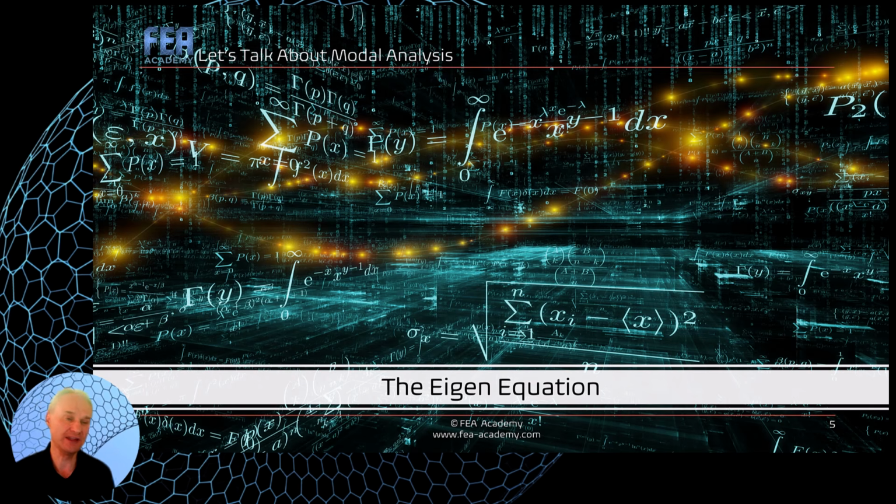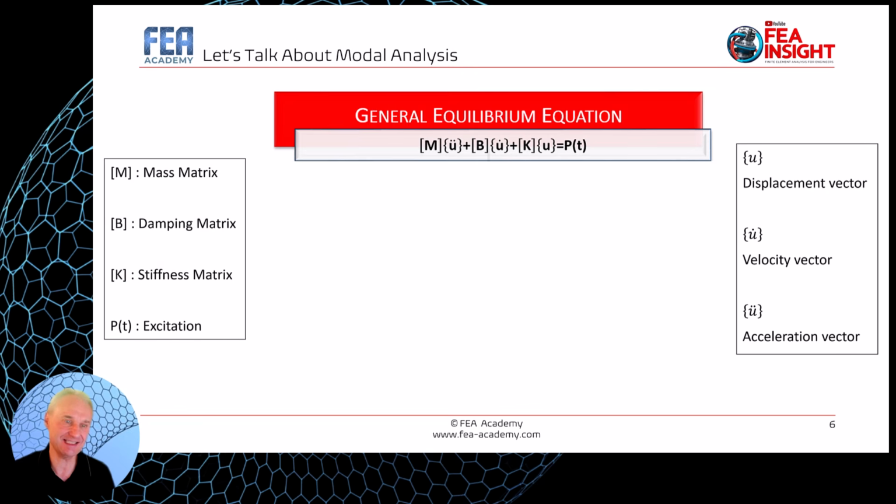So let's start with the eigen equation. What is it exactly? I want to start first with the general equilibrium equation that you have on the screen. You recognize the different parameters of this general equilibrium equation: the mass matrix, the damping matrix, the stiffness matrix, and also the excitation vector.